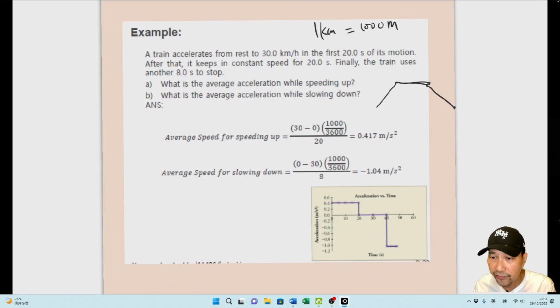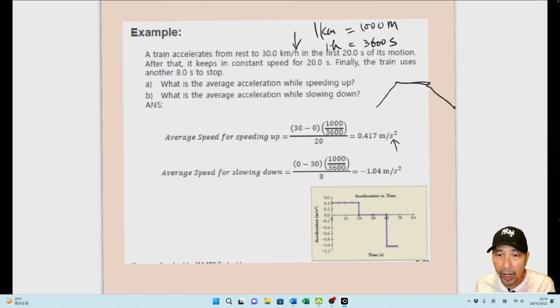But how come the 3600? The unit of speed is per hour, but you can see that the answer is in seconds squared. 1 hour is equal to 60 minutes, and 1 minute equals 60 seconds, so totally 3600 seconds.